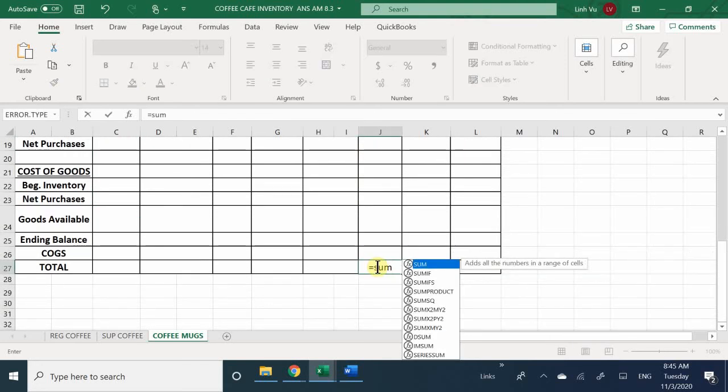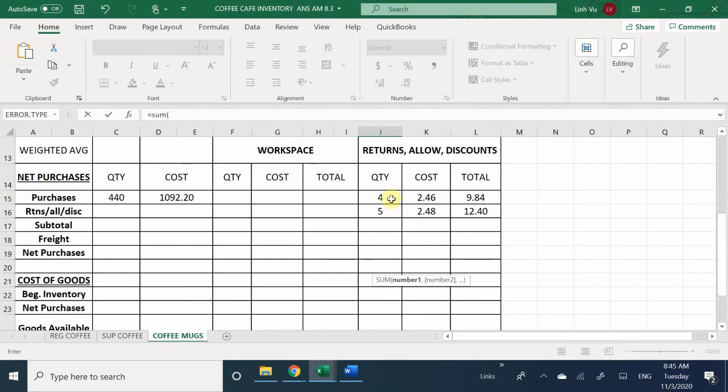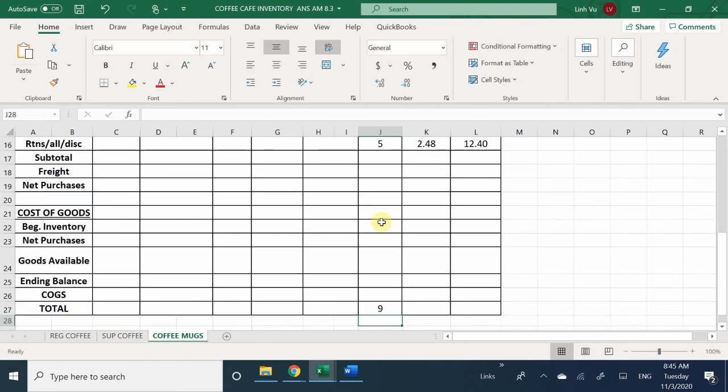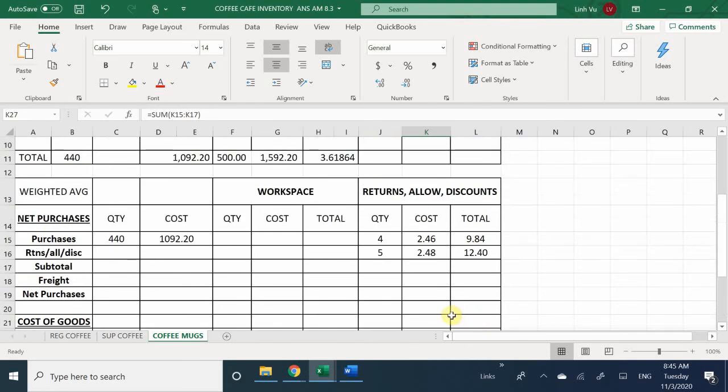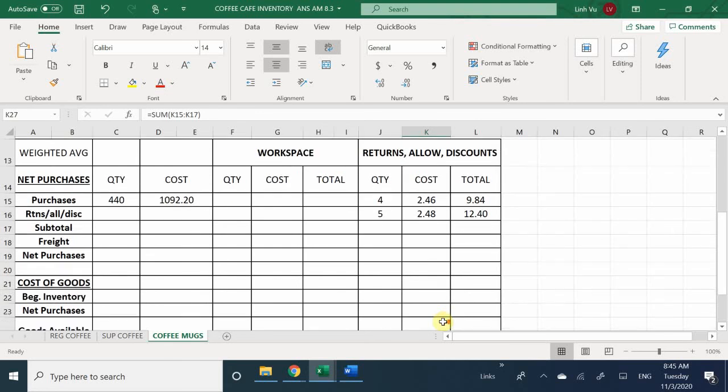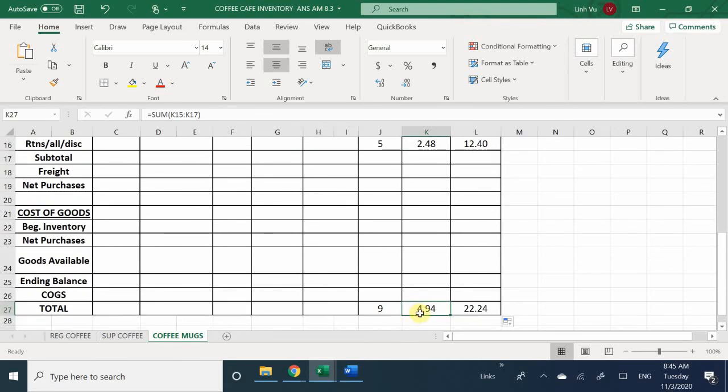How many total items did I return? 9, and then it has 431. I subtracted 440 minus 9, because the quantity isn't 440 when we returned 9.